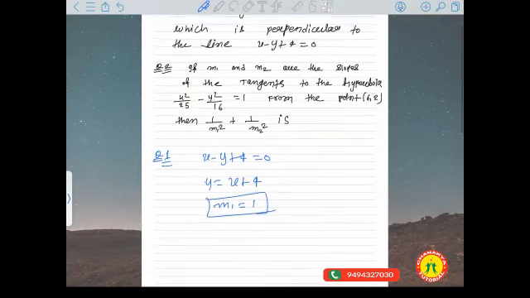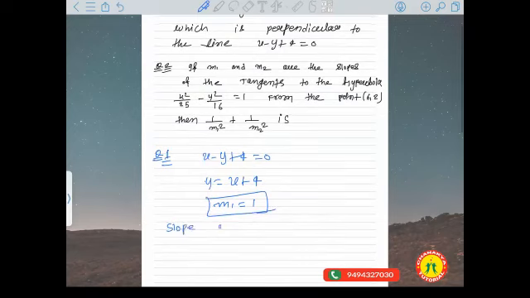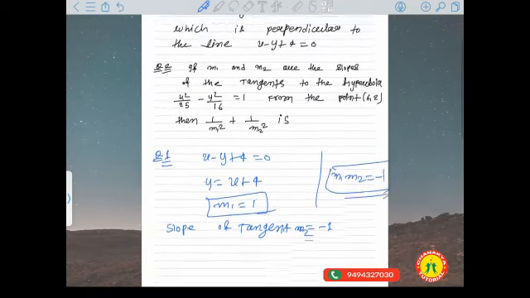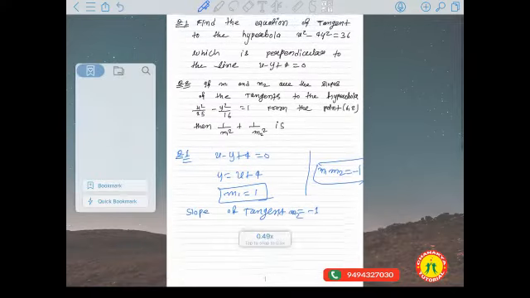So the slope of tangent is m2, because if lines are perpendicular, m1 m2 equal to minus 1, so m2 is equal to minus 1. You got the m value, right?